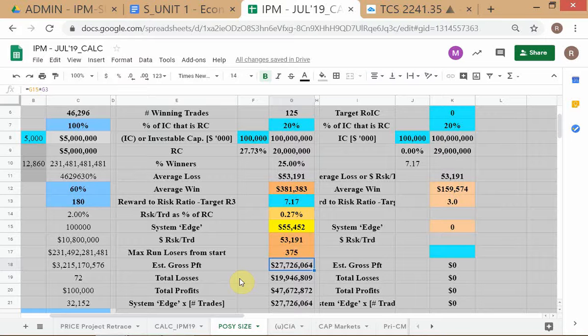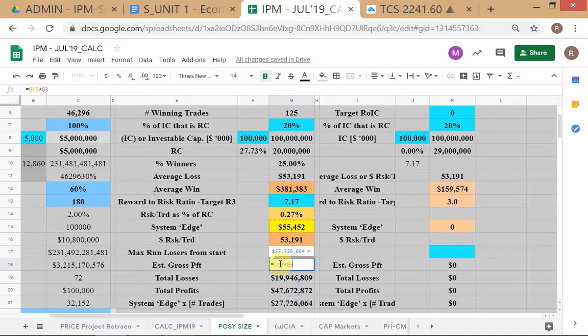You remember from your financial statement analysis, sales revenue minus cost of goods sold is equal to gross profit. Similarly, total losses is the same concept as cost of goods sold, and revenues is equal to profits. So total profits minus total losses is gross profits.